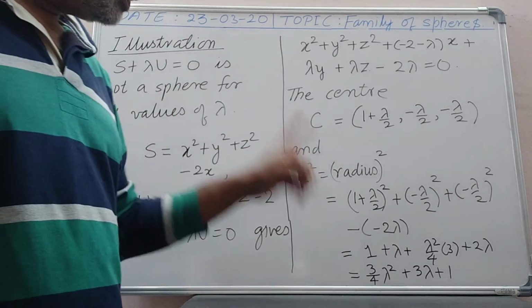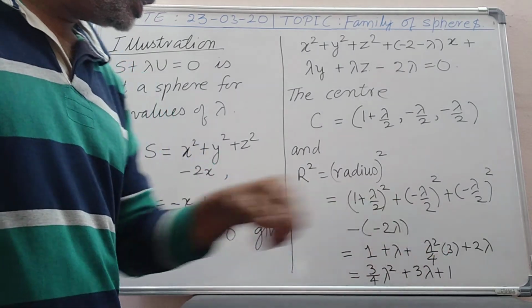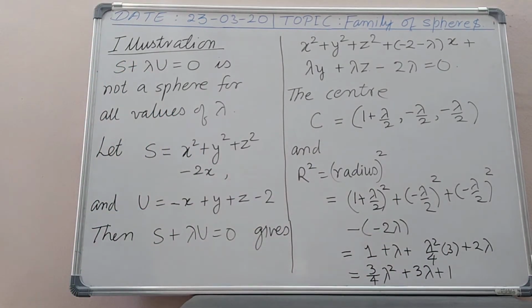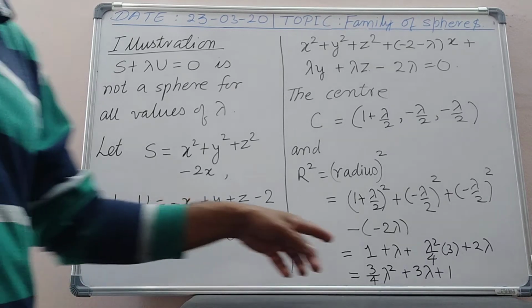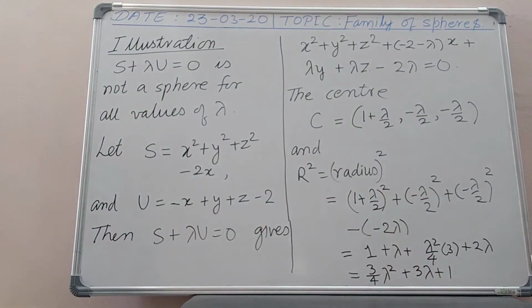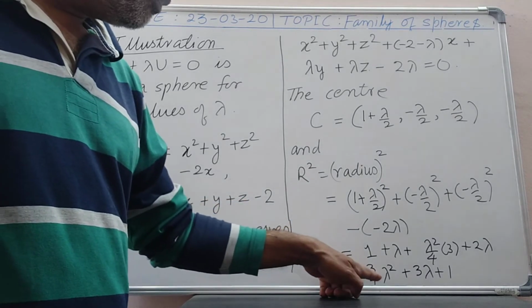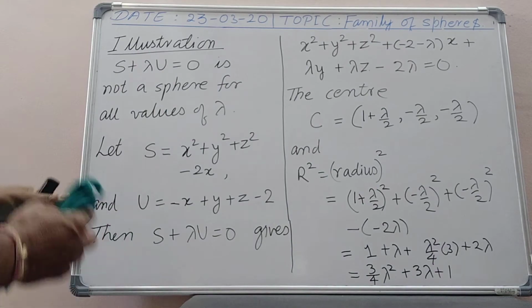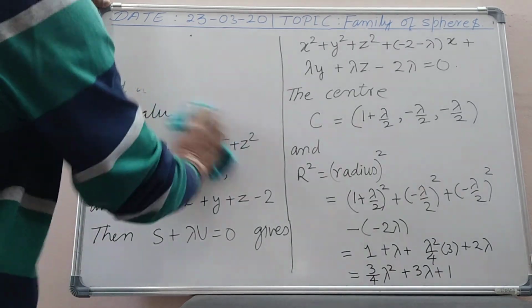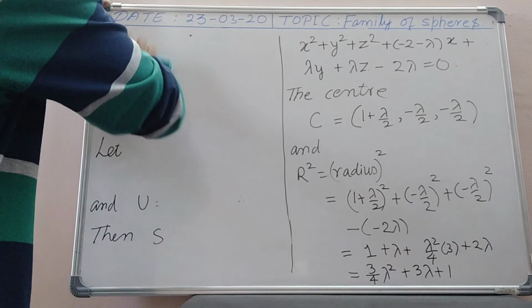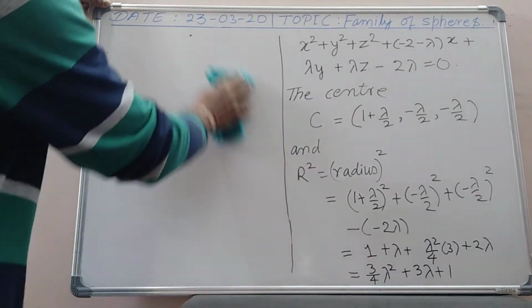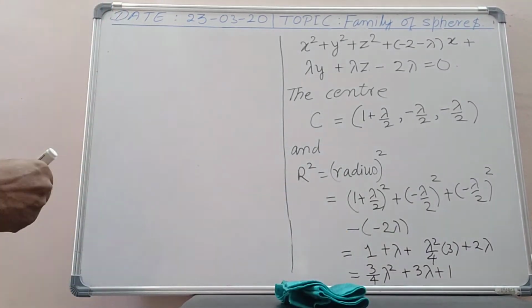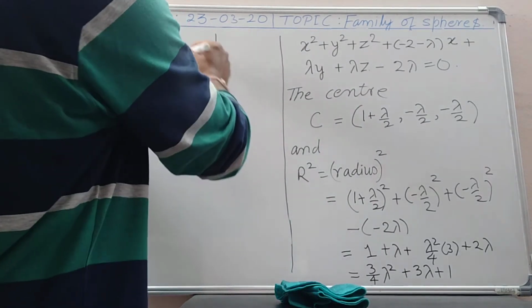But we know that this quantity is not always non-negative. So if you think of this as f of lambda, then the graph of f of lambda will be a parabola opening upwards, because the coefficient of lambda squared is positive. Okay, so we will have a parabola.